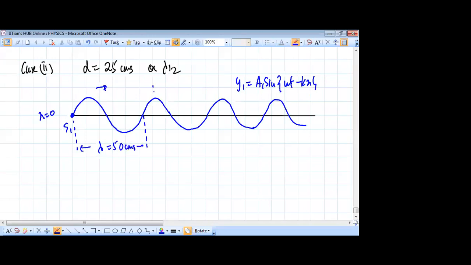Calculation wise we will see, or that's the same as this, or that's the same as this. These are all one full wavelengths, crest to crest or trough to trough.